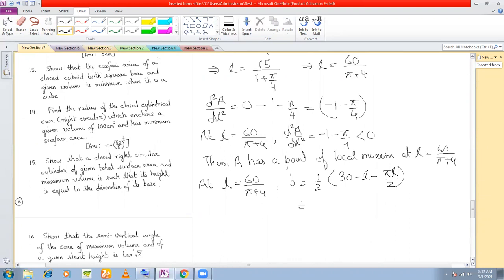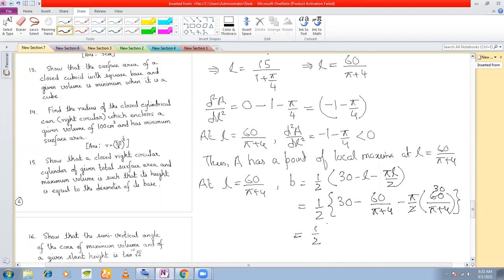right? So put the value here: half of 30 minus L, which is 60 by pi plus 4, minus pi by 2 times L, 60 by pi plus 4. Okay, so you get here, can cancel this.